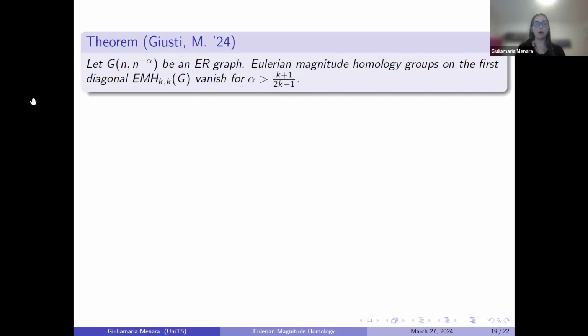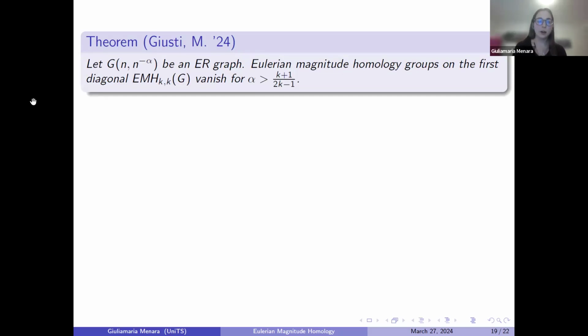And so, to go towards the conclusion, after this result, the natural question was, okay, so now we know a threshold, we know when we do not have Eulerian homology, and when we do have homology, how does it grow? How does it go to infinity?